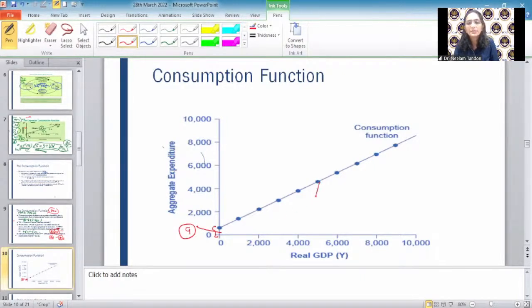What is this change here? Change here is B, that is MPC. So this is the consumption function given, and how do we write? We write C is a function of A plus B YD. YD is what? Disposable income.